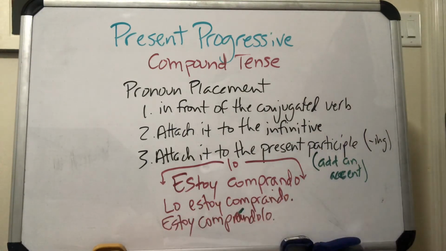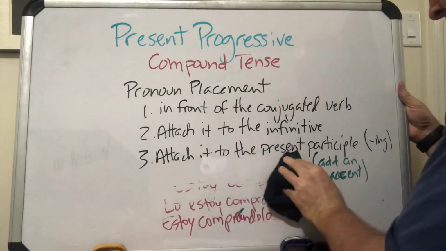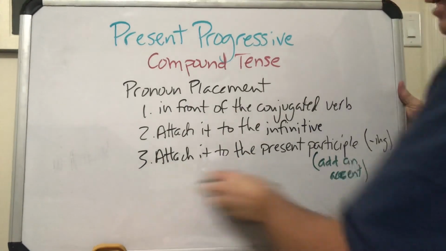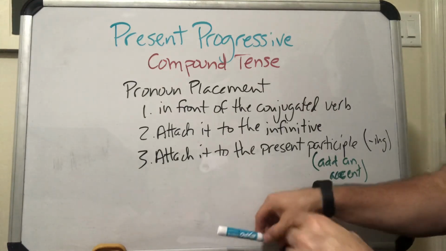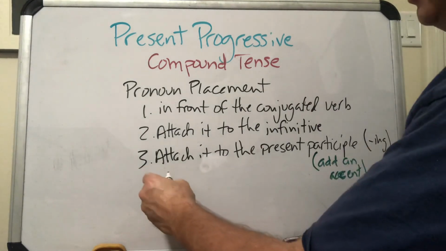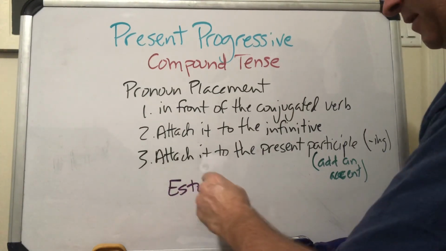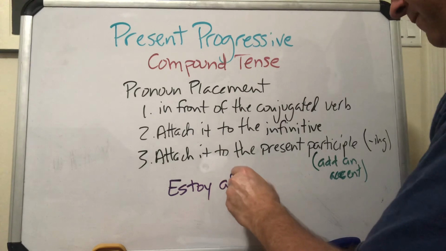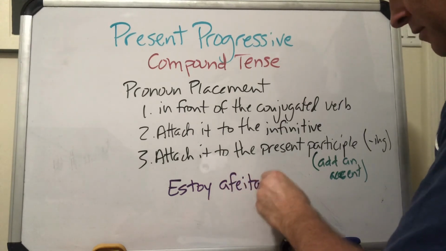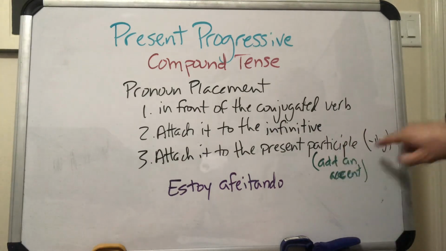Also, let's do one real quick with the reflexive. Okay, so let's say, using the present progressive, let's say I am shaving. So we'd say estoy afeitando, right? So this is afeitar. We add the ando to it, make it the ing.